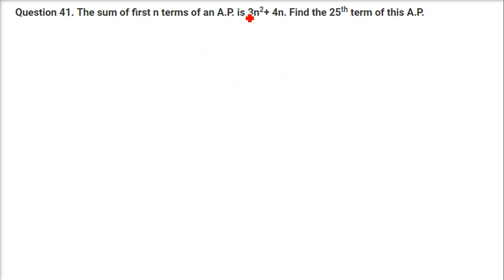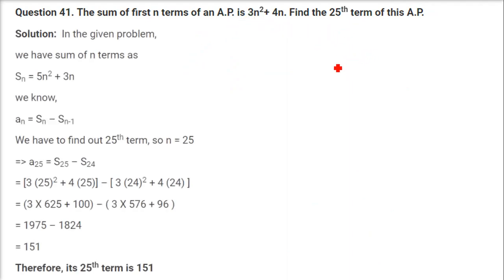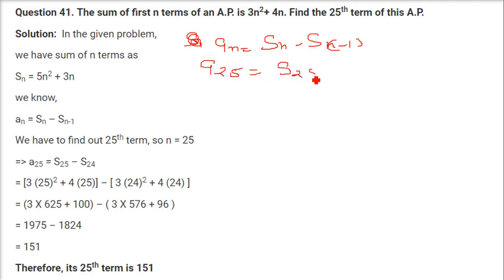The sum of first n terms of an AP is given. Find the 25th term of this AP. We have already seen how to do it in two ways, so either way you can do it. We'll take the first method. The nth term is always equal to the sum of n terms minus the sum of n minus 1 terms. So a25 will be equal to S25 minus S24.